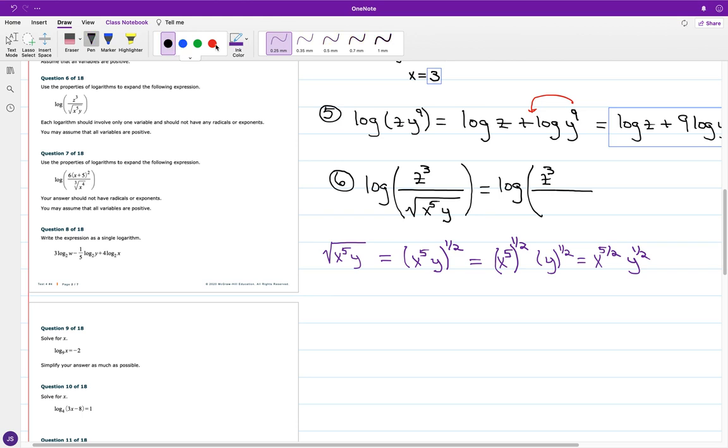So just to mention here, in the rewrite, I'm going to have the base 10 logarithm of z cubed, and this is going to be all over x to the 5/2 times y to the 1/2.